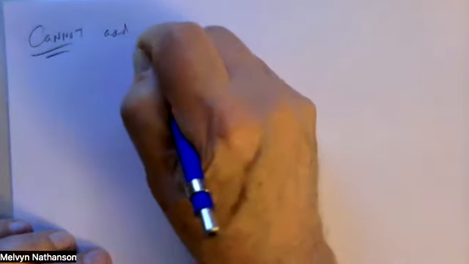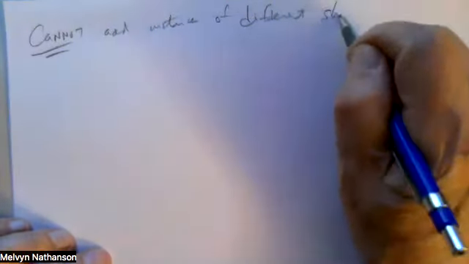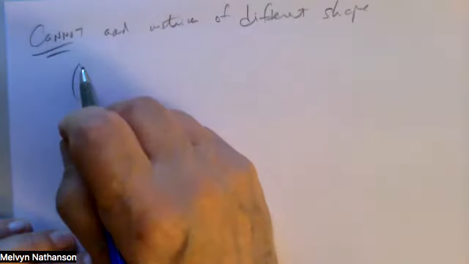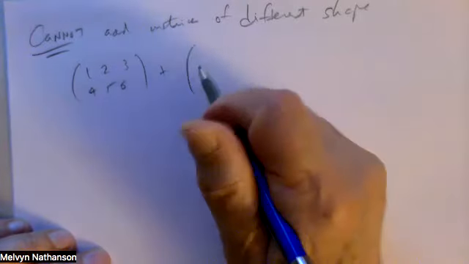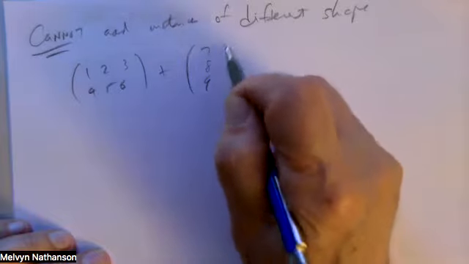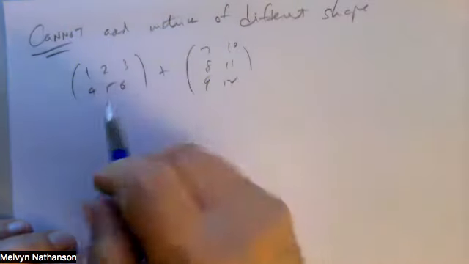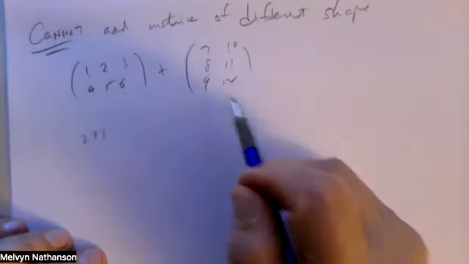You cannot add, and this is important, cannot add matrices of different sizes, different shapes. So if you have 1, 2, 3, 4, 5, 6, and you wanted to add this to 7, 8, 9, 10, 11, 12, this is a 2 by 3 matrix, 2 rows, 3 columns.